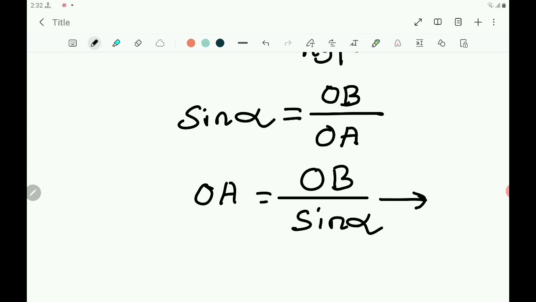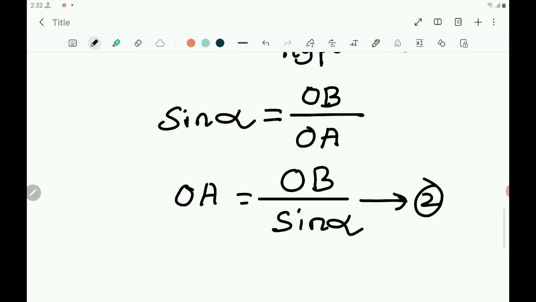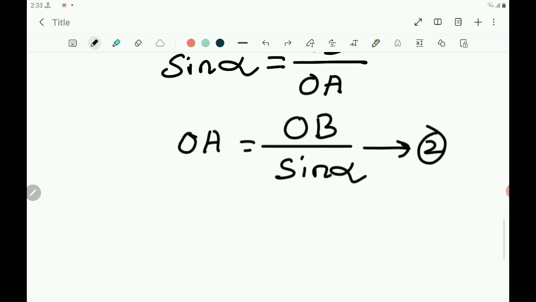Now let us consider this as second. In first we got OA equals OP by sin theta by 2, and here also OA equals OB by sin alpha. As the LHS are the same, the RHS must be equal.